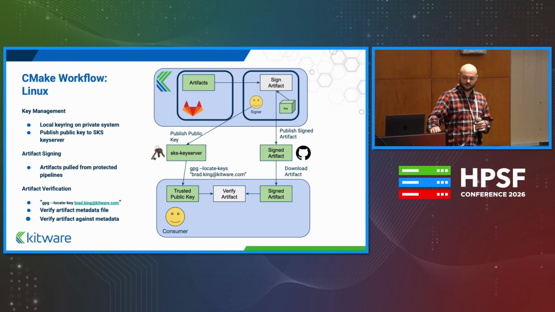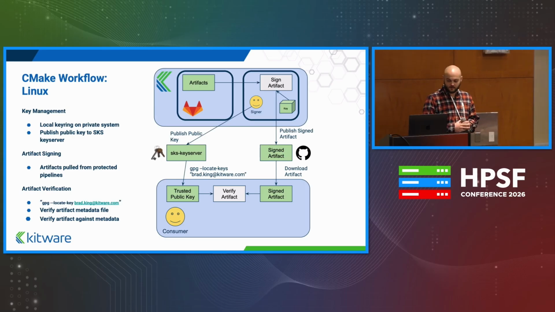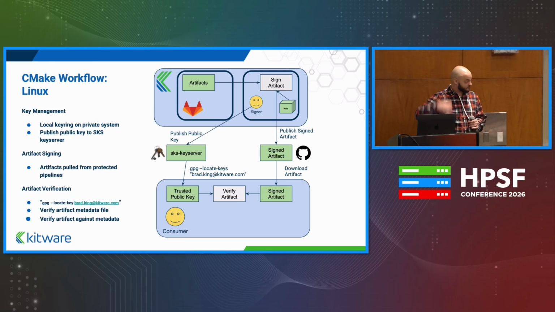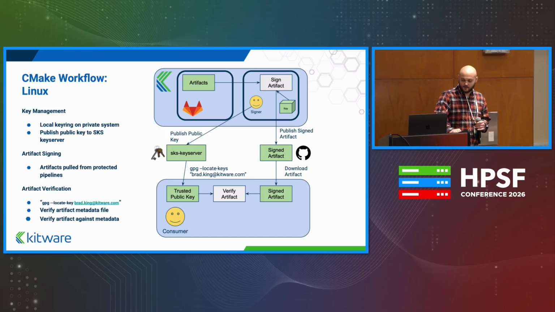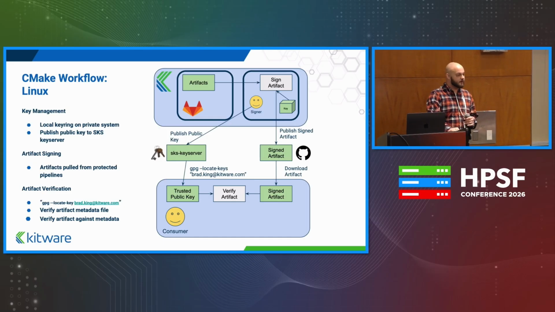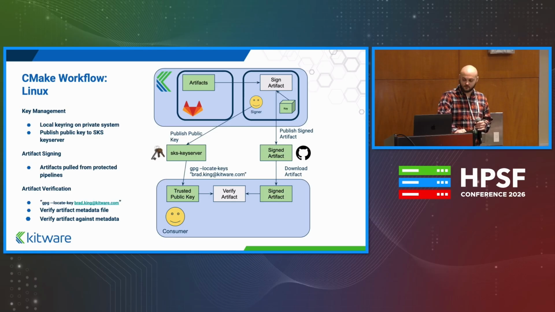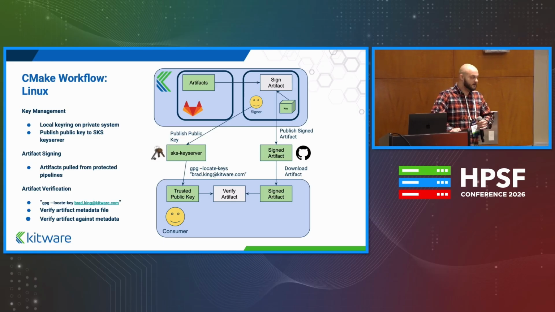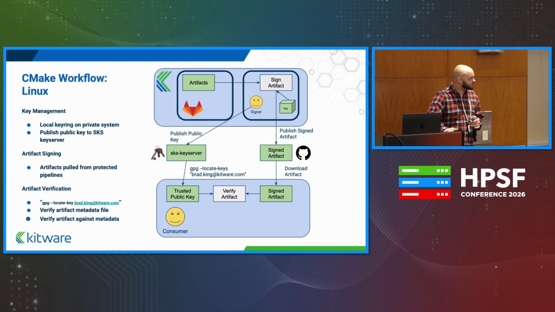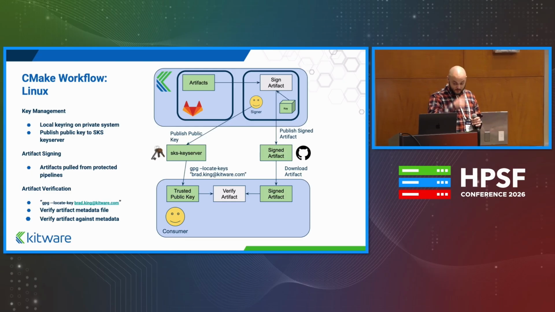So CMake has a relatively simple workflow, and we benefit from being behind a firewall the whole time. We create artifacts in GitLab on our services. We put those on a signing server, and on that server we have a key that gets rotated every so often, and that is used to sign.